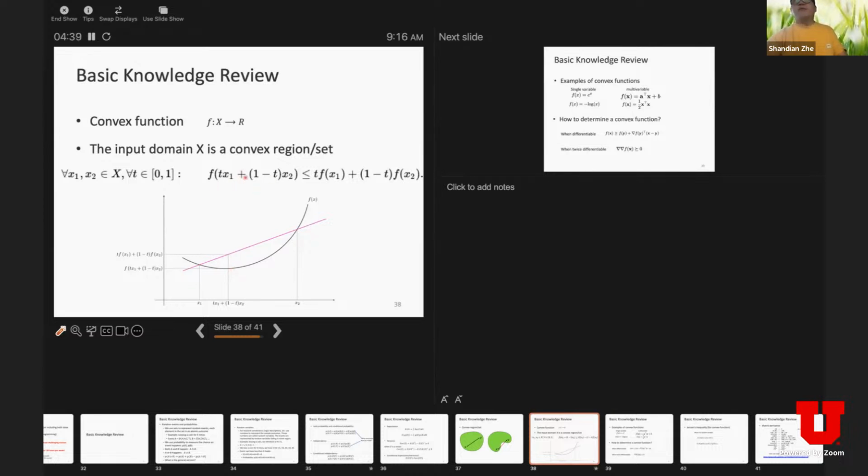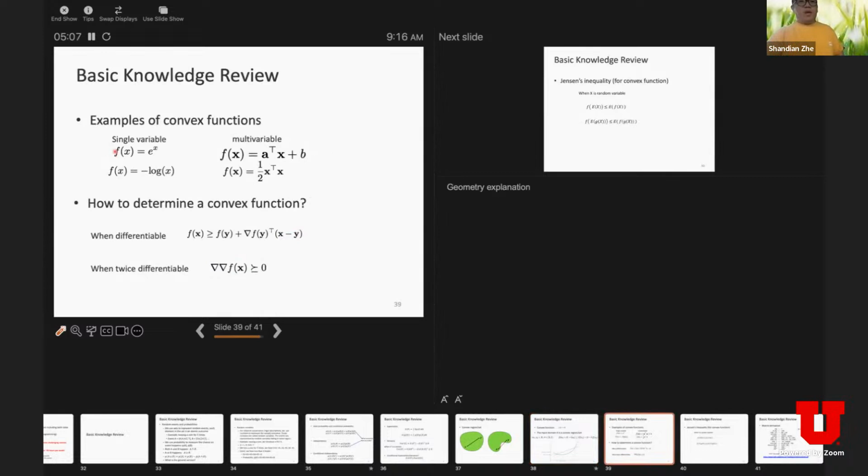Which reflects the definition here. For this particular function, you can choose whatever 2 inputs that are not overlapping, and you can try that, you always find this inequality is correct. So we claim that this function is convex. This is the definition, okay?